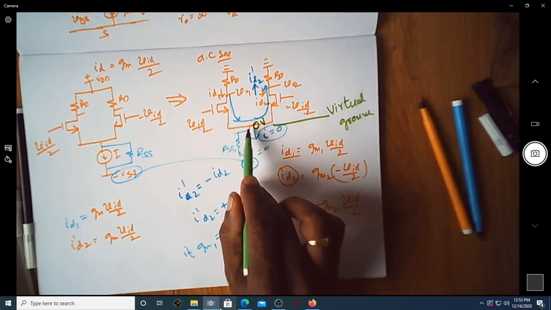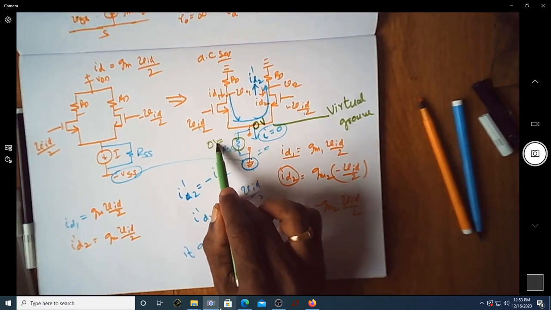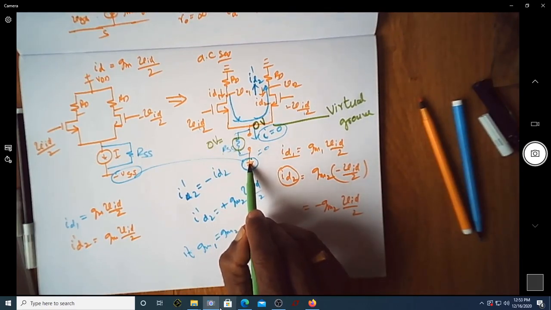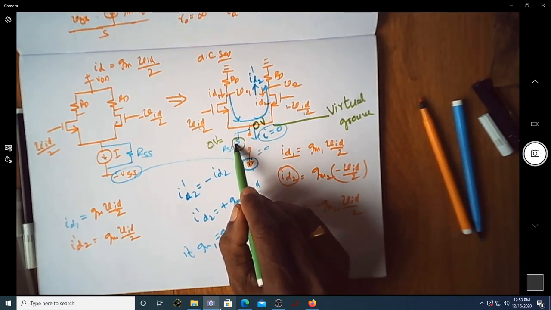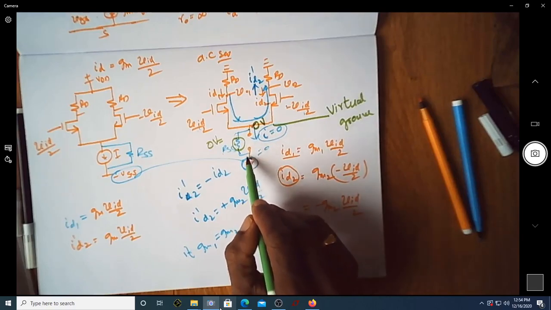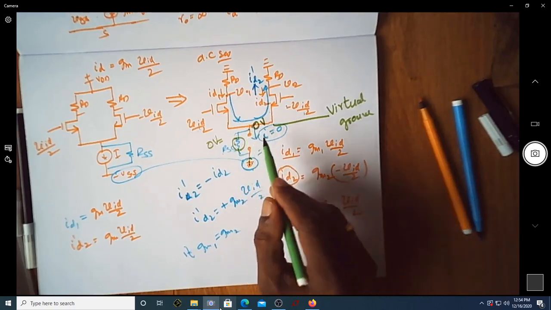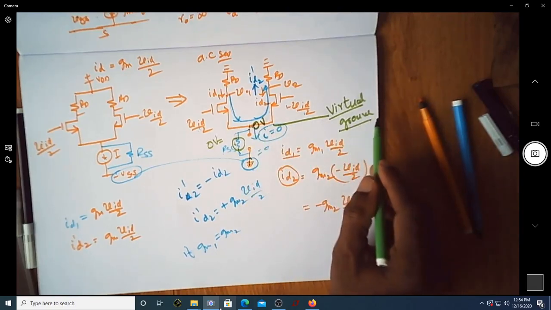Mainly because no current is flowing through this, so the drop here is 0 volt. Since the drop is 0, the same voltage is retained here even though you are not physically connecting this. So that's why this particular terminal is called a virtual ground.